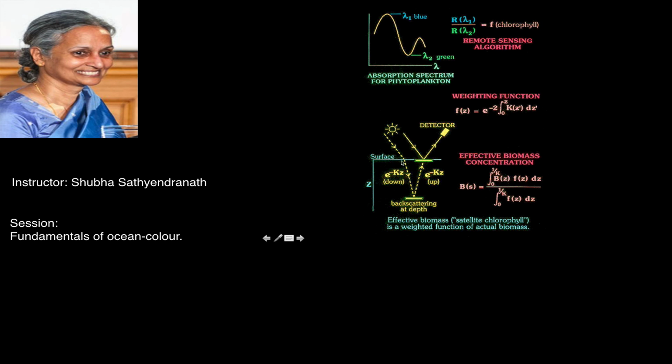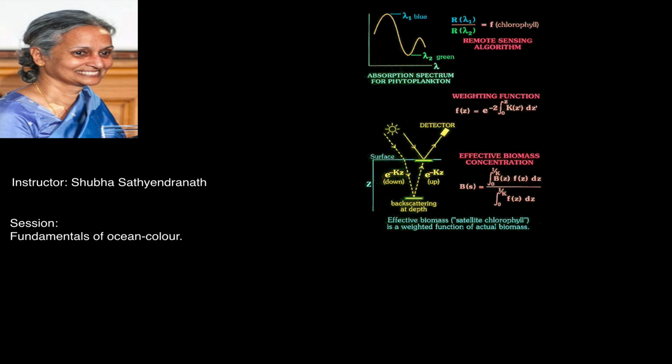But typically, one can say that if at any given wavelength there is a certain amount of light reaching the sea surface, it is getting attenuated according to the diffuse attenuation coefficient as it travels into the water column. And again, by another attenuation coefficient, slightly different from that for the downward light, as the light is backscattered and travels back to the surface of the ocean. So it's a double exponential now. It gets decreased exponentially going down and exponentially going back.